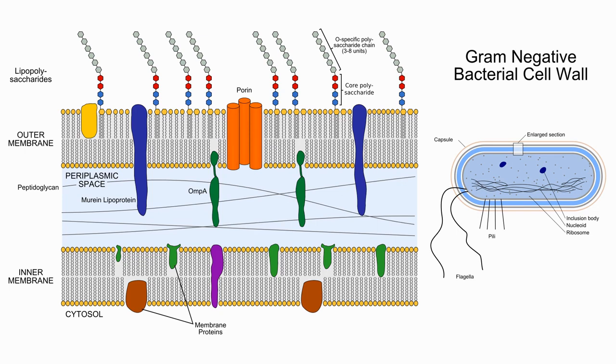Compared to the gram-positive cell wall that has a 20 to 80 nanometer thick peptidoglycan layer, the gram-negative cell wall has a 1 to 3 nanometer sheet of peptidoglycan, giving them more flexibility but higher sensitivity to lysis.